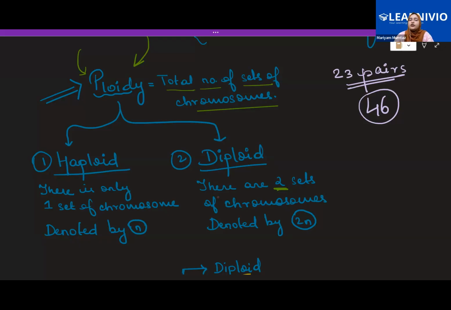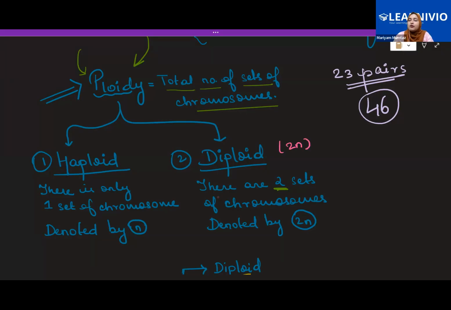Now ploidy could be of two types, haploid and diploid. When there is only one set of chromosomes, we say it is a haploid condition and it is denoted by small n. And diploid means two sets of chromosomes, and that is denoted by 2n.